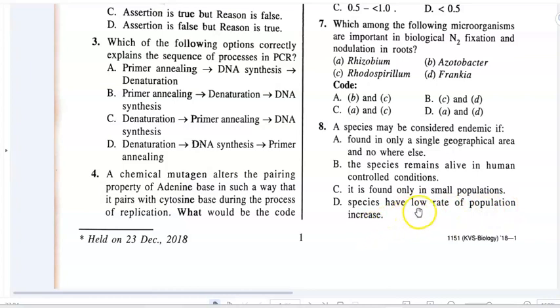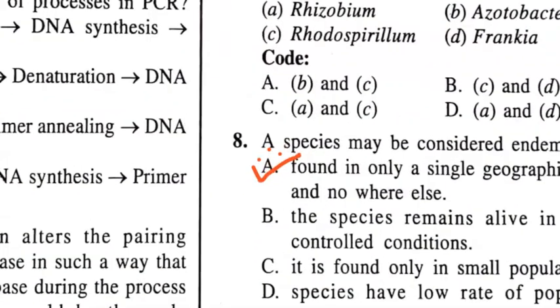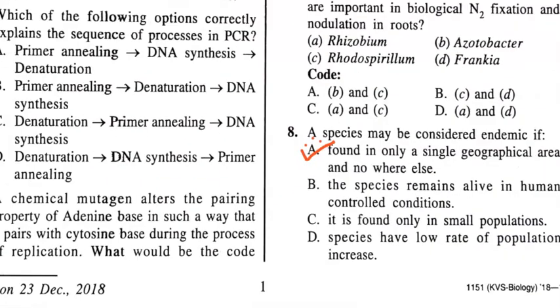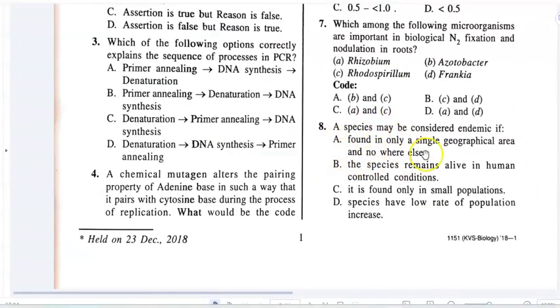We consider a species endemic if we find it in a particular area only. Endemic means found only in a single geographical area, nowhere else. This is also one of the important properties of a biological hotspot. So the answer will be option A, that is the correct answer.